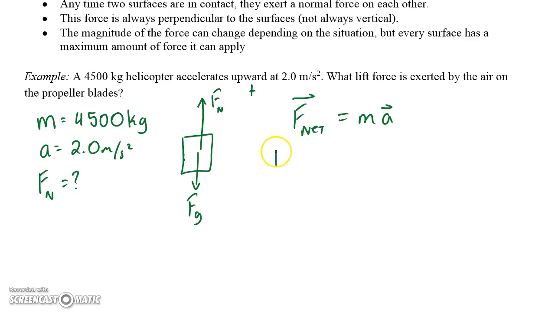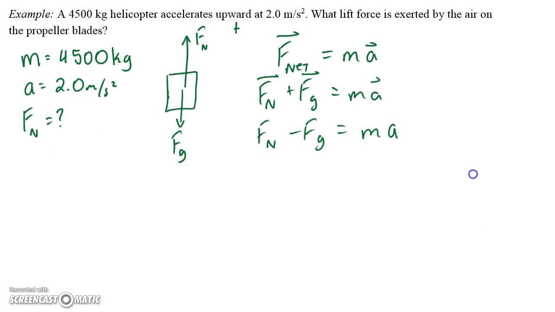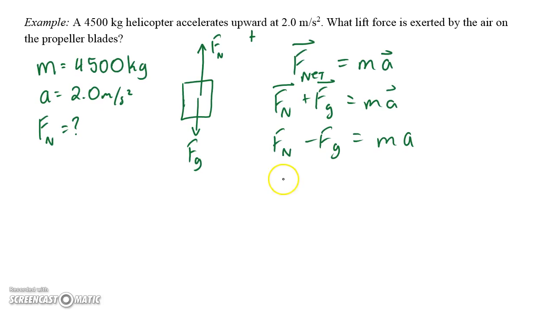Always the same spot. Add our vector forces. Get rid of our vectors, add in our directions. Up is positive, so we get Fn minus Fg equals ma. Our goal here is to get Fn, so Fn is going to equal ma plus Fg.